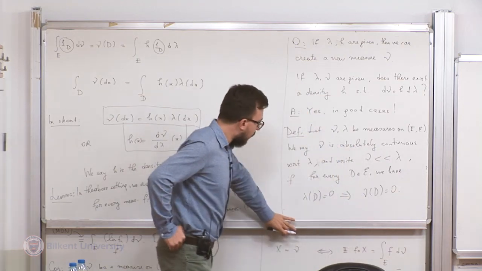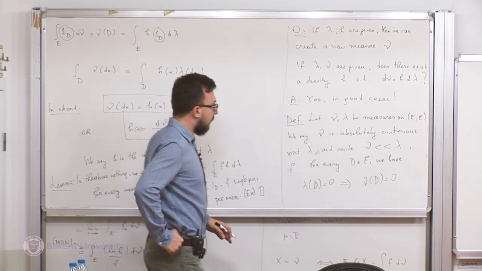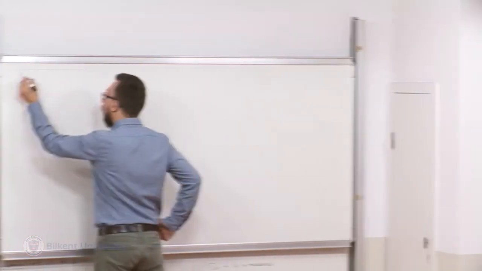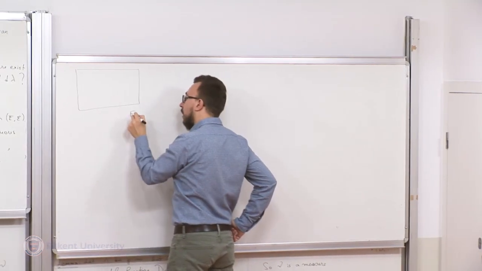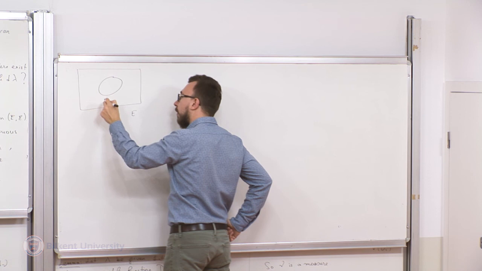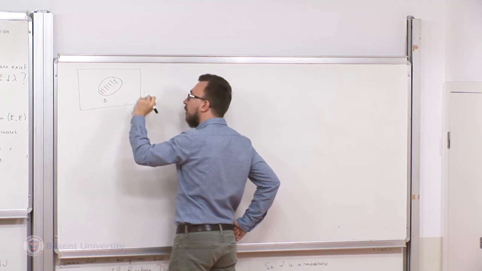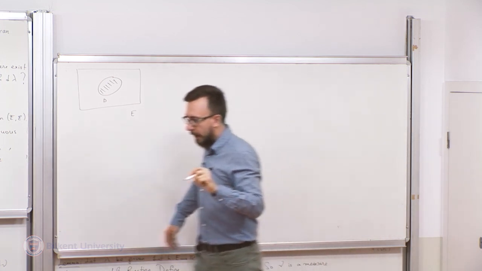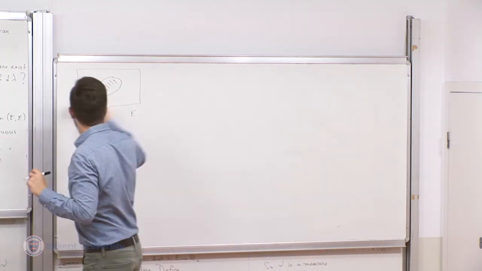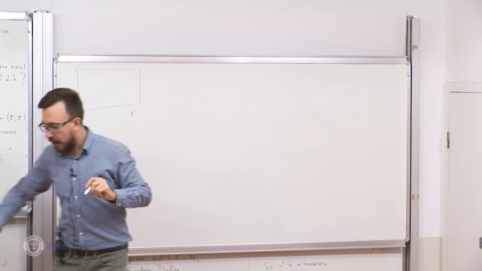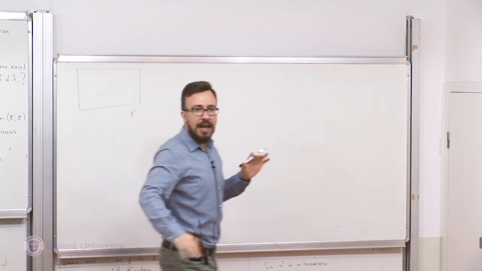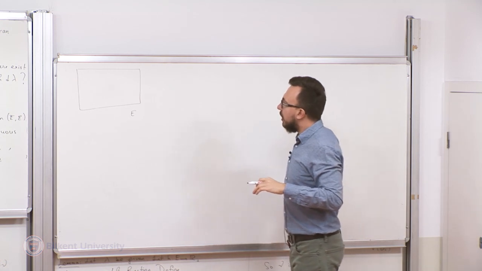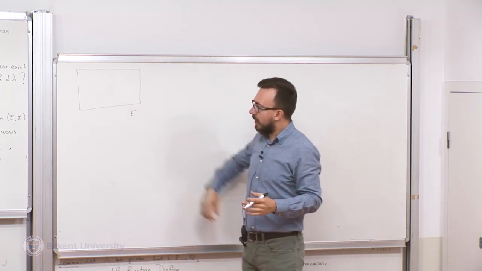So what is the meaning of this absolute continuity? So let's say you have a region in E whose measure is 0. Okay? Let me draw another picture. Let's say this is like the real line, okay? And let's say this is like R2, okay?